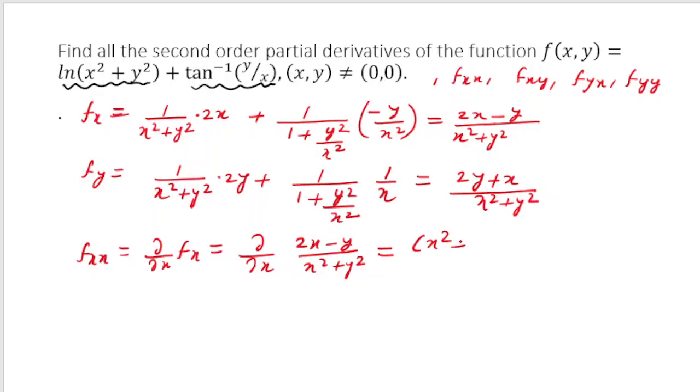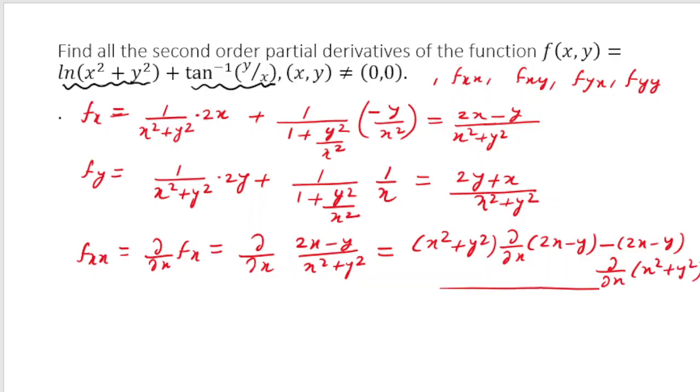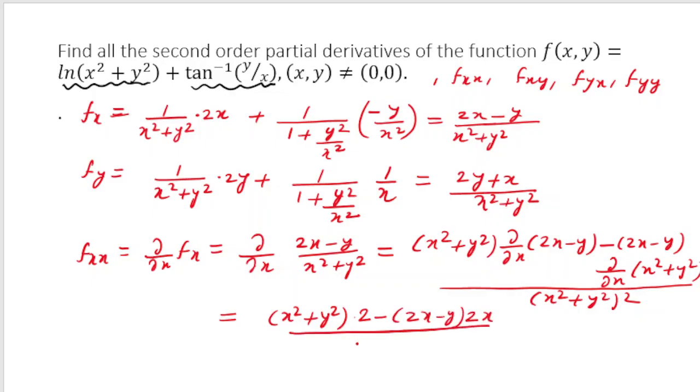So I write (x² + y²) times ∂/∂x of (2x − y), minus (2x − y) times ∂/∂x of (x² + y²), and this whole thing is divided by (x² + y²)². So what will I get? I will get (x² + y²) times 2, minus (2x − y) times 2x, divided by (x² + y²)².